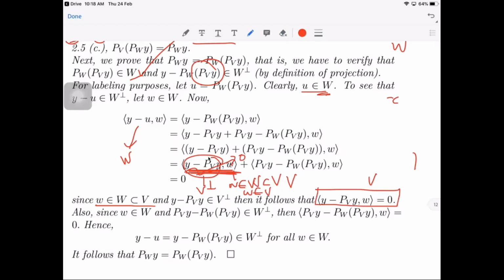Kini nasa W, kini, nganong naman na siya sa W perp. Asa ni siya?